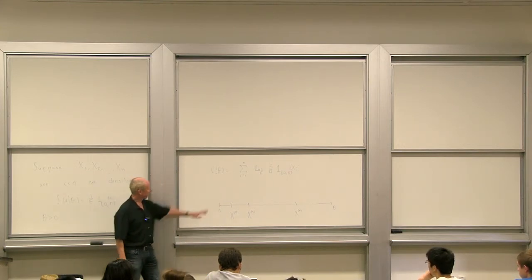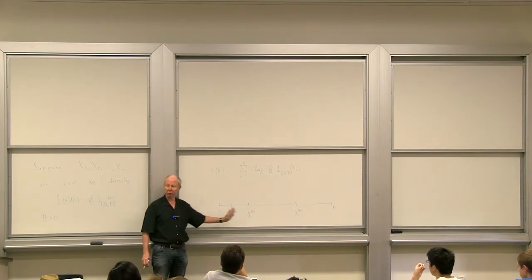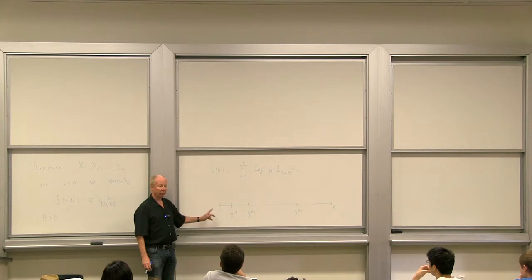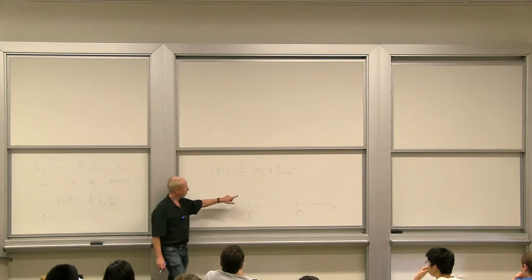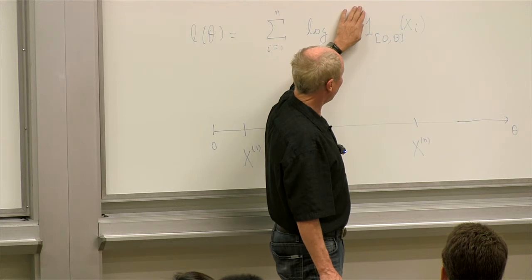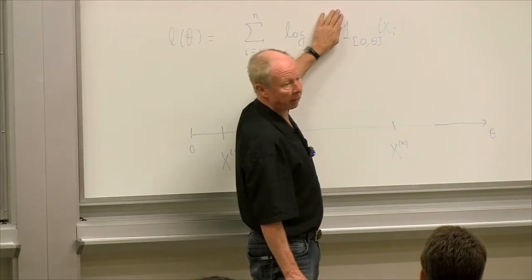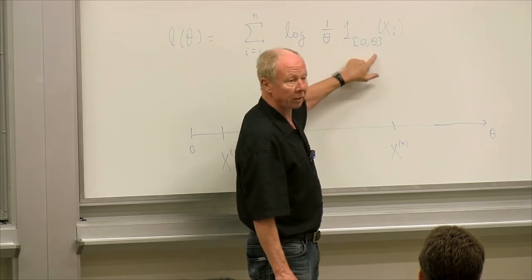Okay, so let's think about plotting L as a function of theta, starting at theta equal to 0. What's the value of L in here? Well, what's the value of this function when theta is less than xi? 0, right? So this would be 0.